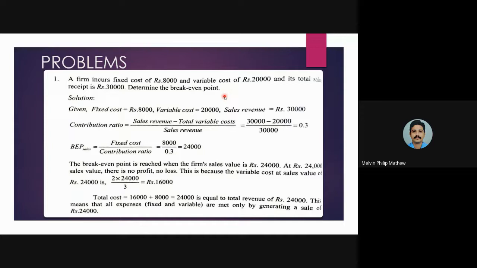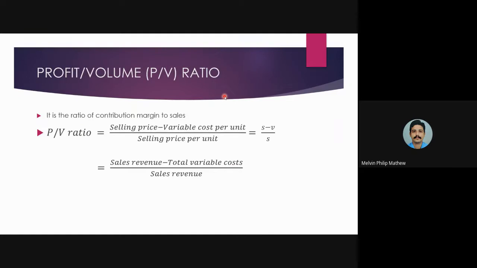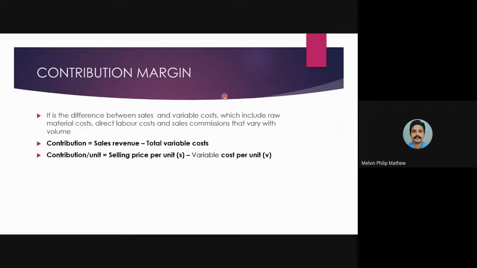The problem here is that, while stating earlier, you can see sales revenue contribution is stated as sales revenue minus total variable cost.